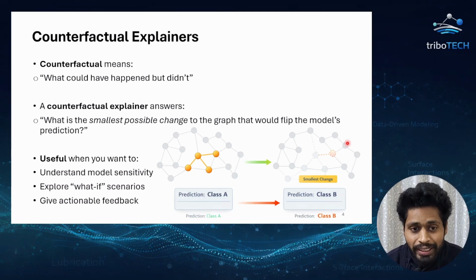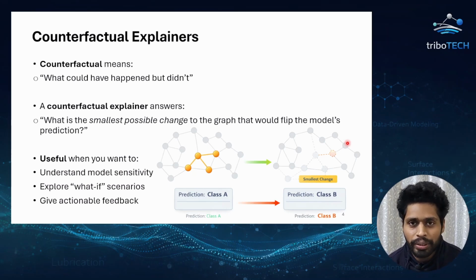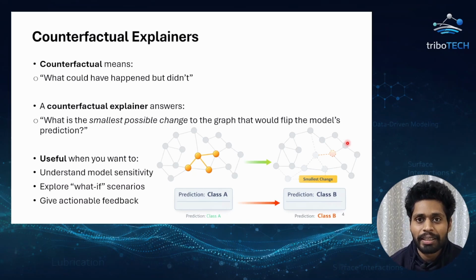If you are interested in exploring what-if scenarios, for example, in a molecular property prediction task, if your model is predicting some property, and you are interested in knowing what you should change in the molecule so that you get a different property value, then in this kind of scenario also, counterfactual explainers are your choice and not factual explainers.